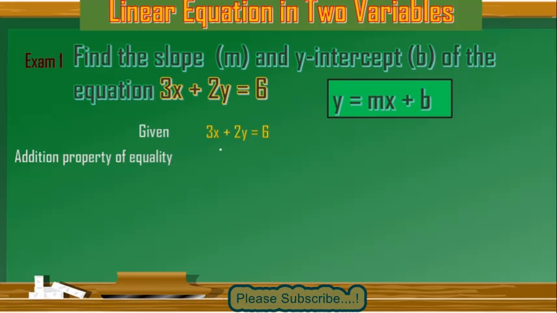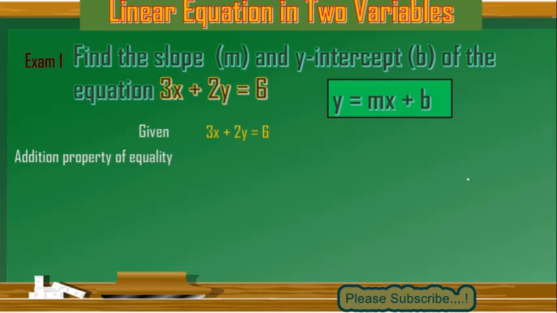So all the rest will be put on the right side of the equal sign. Your boundary is the equal sign. All the y's must be put on the left side, and all the rest must be put on the right side.